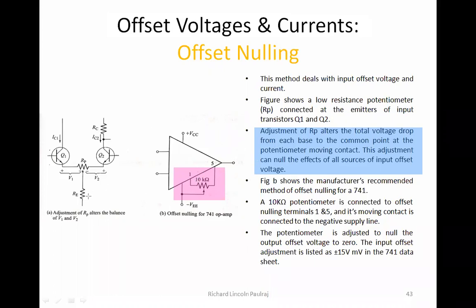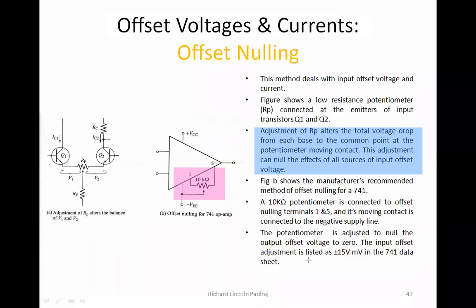Even though we are dealing with a lot of resistances, change in resistance, change in IB1, IB2, because of which there can be a lot of drops in these resistances, the levels of currents change. So the input offset currents, the input offset voltages, all these are changing. But just with the help of this, I can probably call it a wonder circuit. We are able to rectify or nullify the previous errors, right?